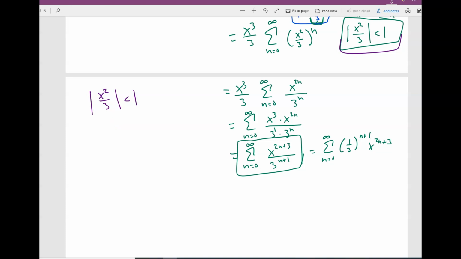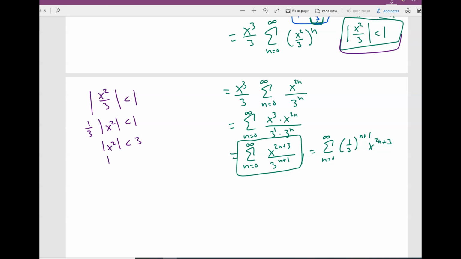Let me get rid of the square. Or let me move the 3 over. Know that there's a 3 in the denominator, so I can take that out of the absolute value. So I have 1/3 times the absolute value of x squared less than 1, because I know the absolute value of 1/3 is just 1/3. Move the 3 over, I have x squared is less than 3.